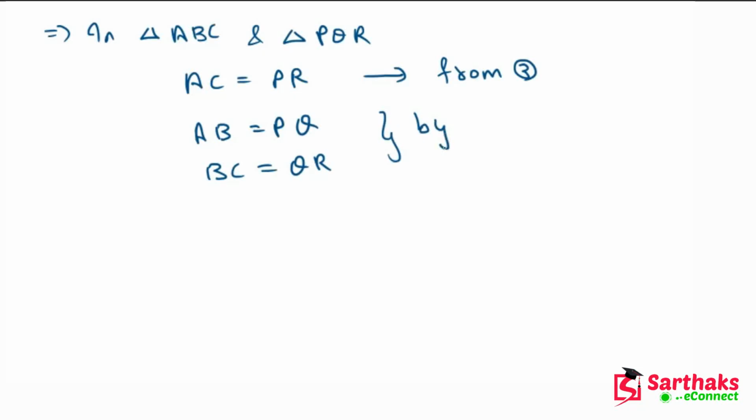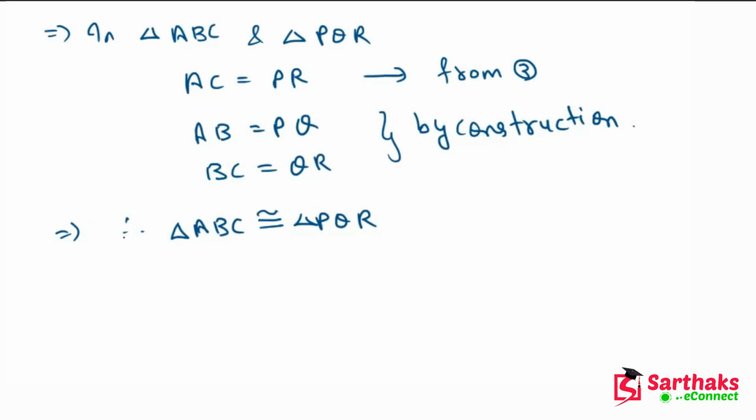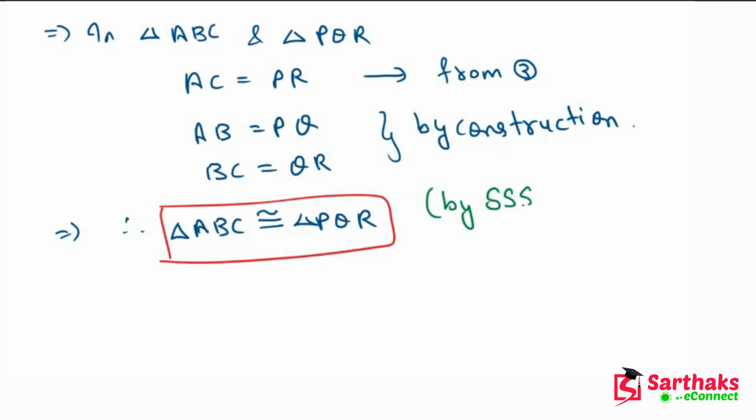This is by construction. Now we can say that triangle ABC is congruent to triangle PQR by the triple S congruency rule.